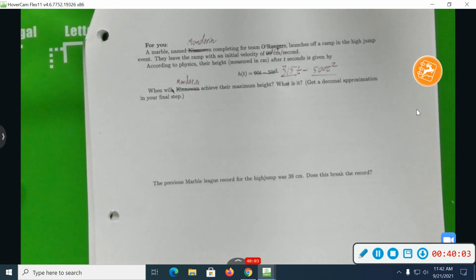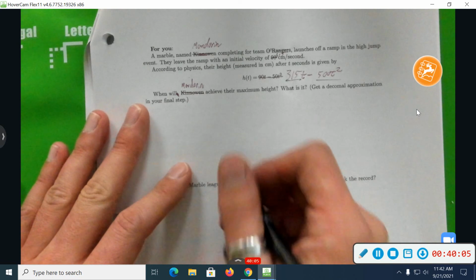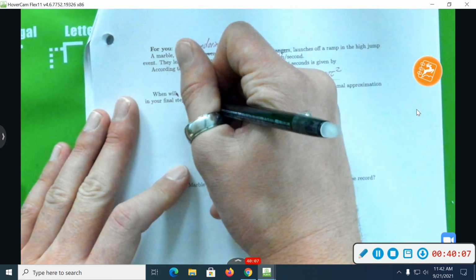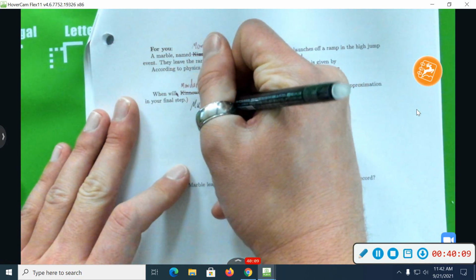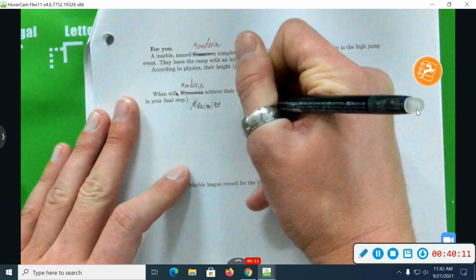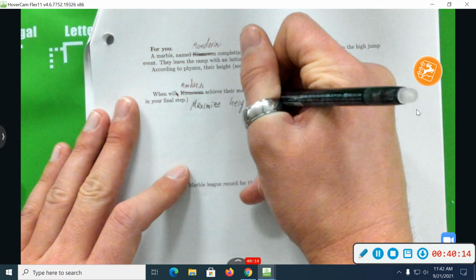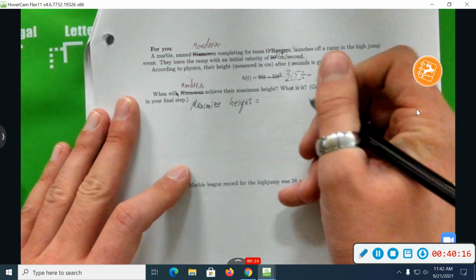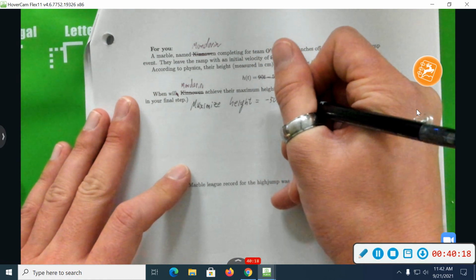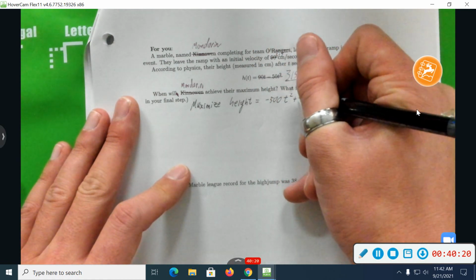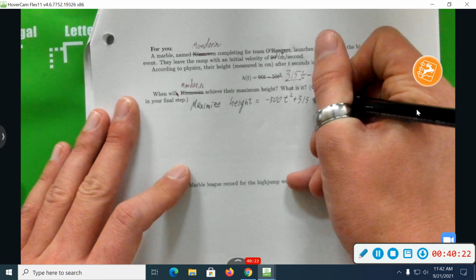Okay. So let's talk through it. It looks like I want to maximize the height, which is given by negative 500 t squared plus 315 t.